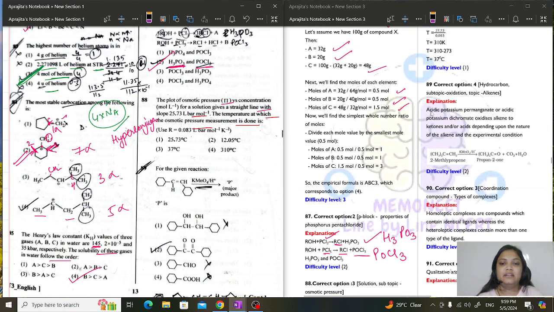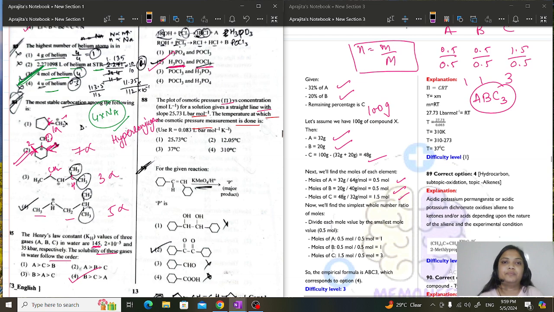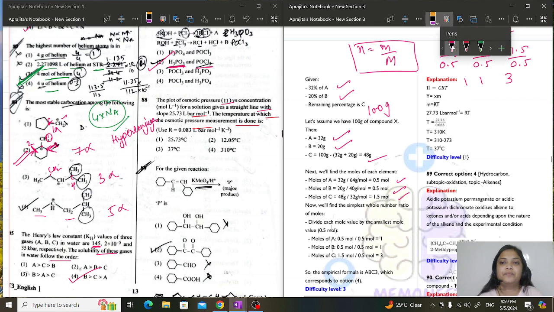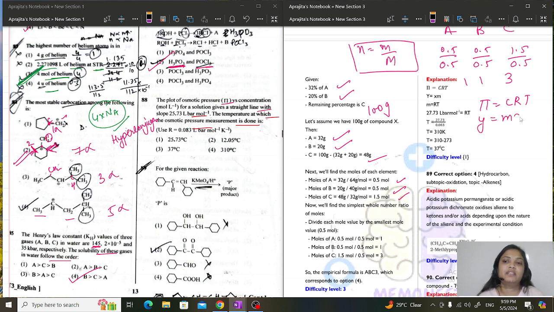Basically we know that the osmotic pressure is given by pi is equal to CRT. If we compare it with the straight line equation y is equal to mx plus c, y is pi here, c is 0, and the slope is R into T.